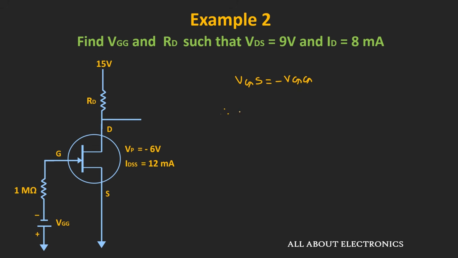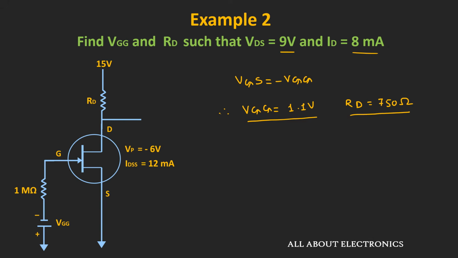So we can say that the voltage VGG for the given circuit should be equal to 1.1 volt. So in this way, by selecting this voltage VGG as 1.1 volt and the resistor RD as 750 ohm, we can ensure that the voltage VDS in the circuit is equal to 9 volt and the current ID is equal to 8 milliampere.